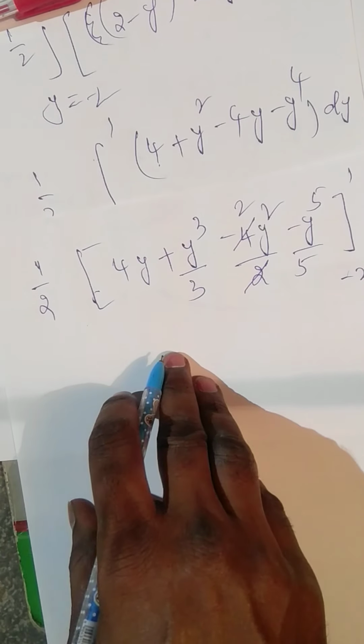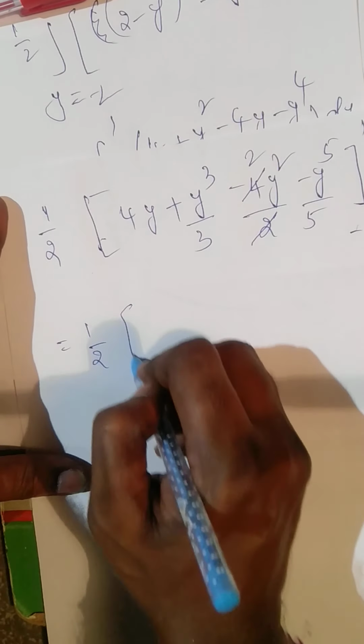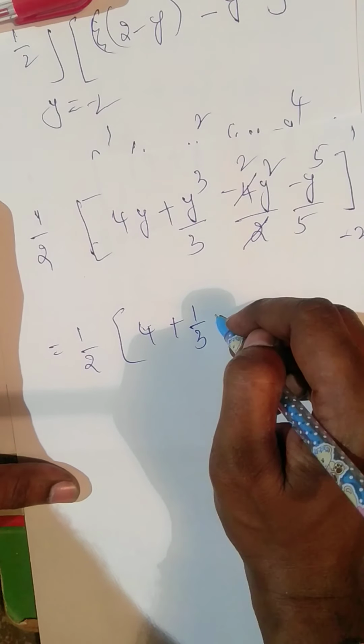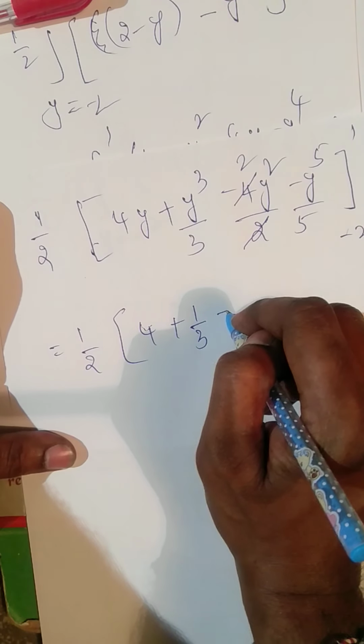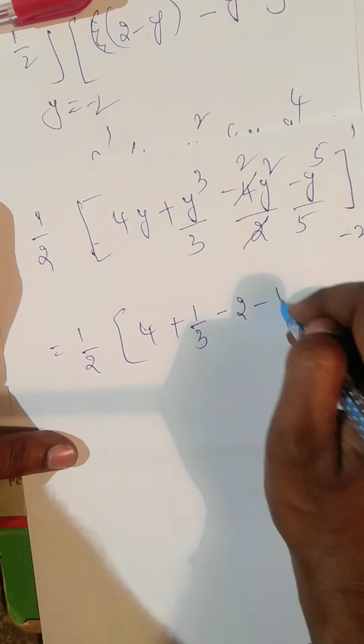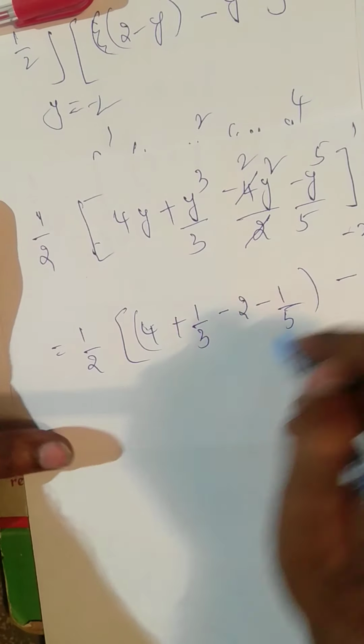Now this equals 1 by 2 into, we can substitute the upper limit here, 4 plus 1 by 3, minus 2, minus 1 by 5. This is the upper limit.